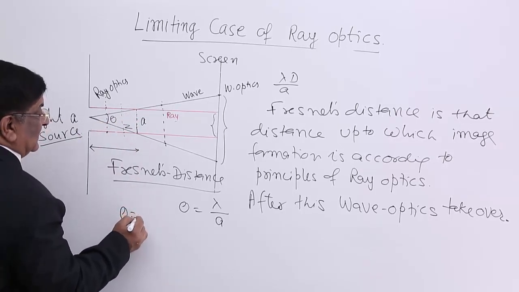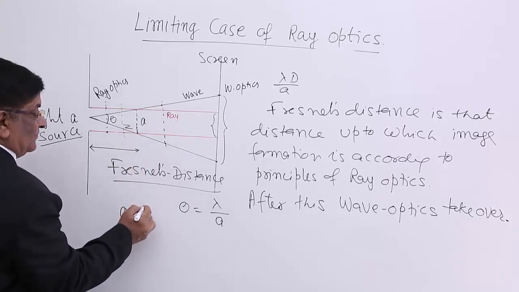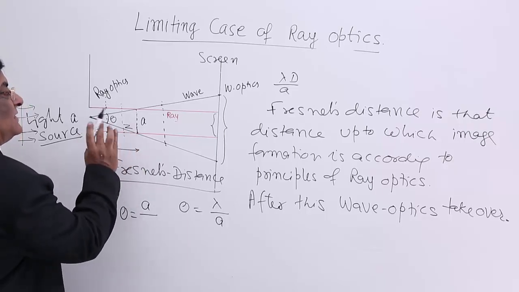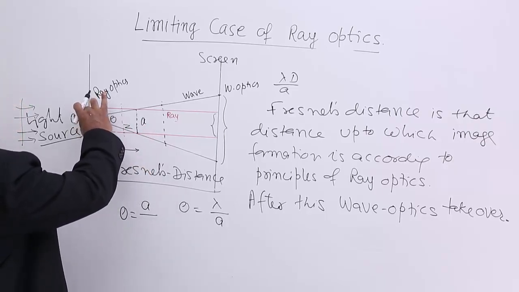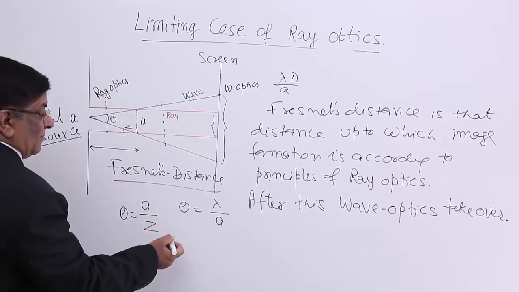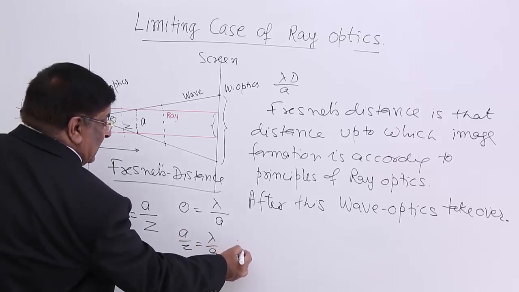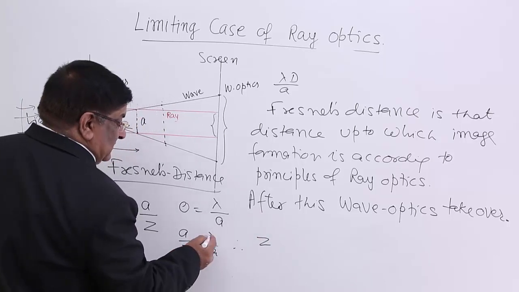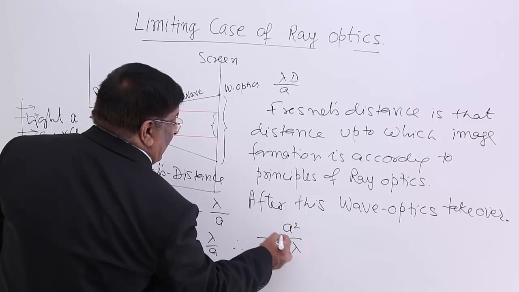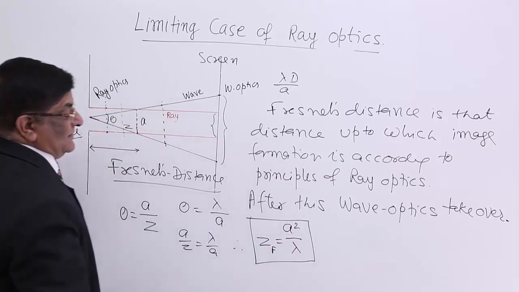So theta is equal to, this size is A, arc, upon radius. This or this is almost equal because this is very, very small. So this is A upon z. Combine the two, A upon z is equal to lambda upon A. Therefore, z is equal to A square upon lambda.